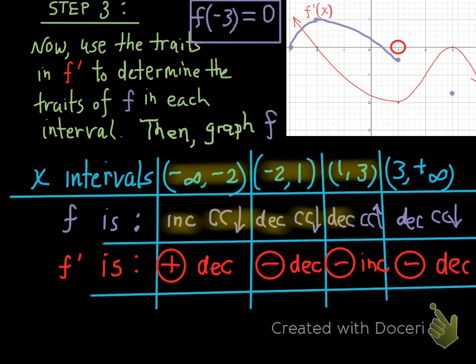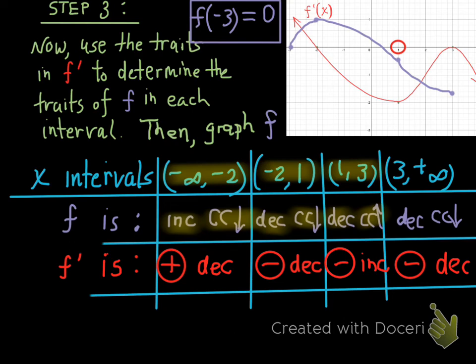But all I have to make sure I'm doing from x equals 1 to x equals 3, I got to make sure I'm decreasing. And now how do I connect these 2 points? I need to connect these 2 points with a curve that is concave up. You're probably picturing this correctly, like that. All right?